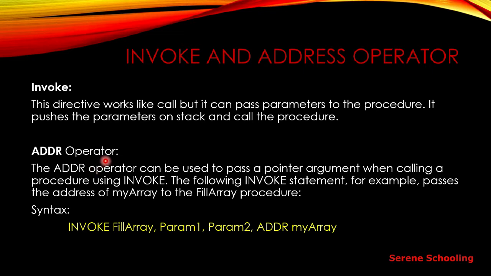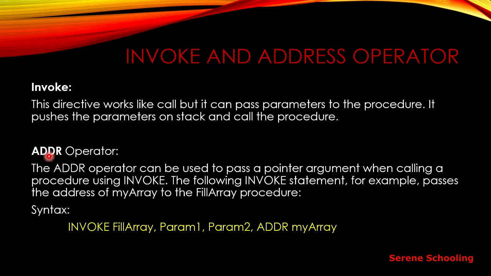In C language, we know that we use the ampersand operator for getting the location or the address of any element or any array, right? In assembly, we don't have that ampersand sign.